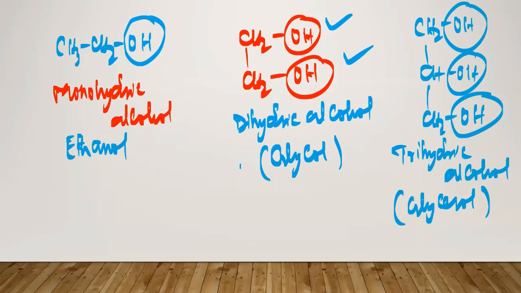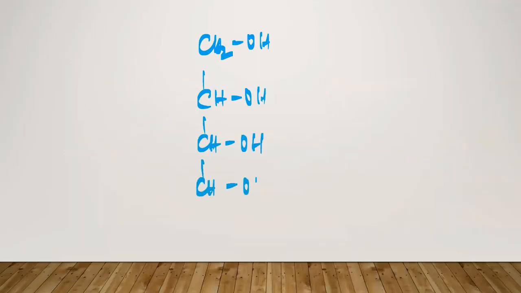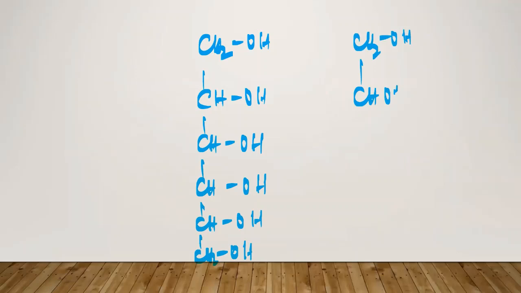If you take one more example, let us suppose we take CH2OH, then CHOH, again CHOH, again CHOH, then CHOH, and finally CH2OH. This can also be written as CH2OH, then CHOH four times, then CH2OH.